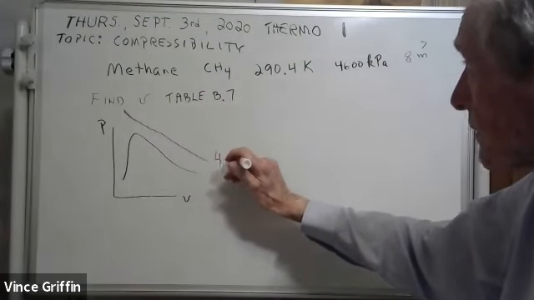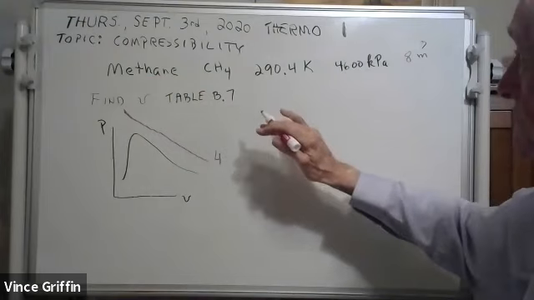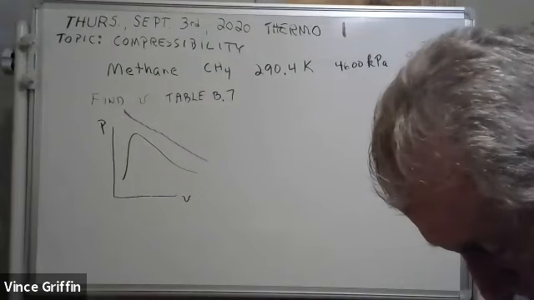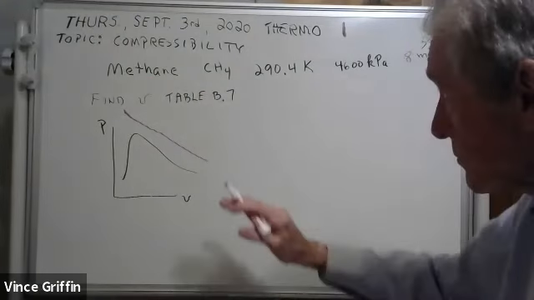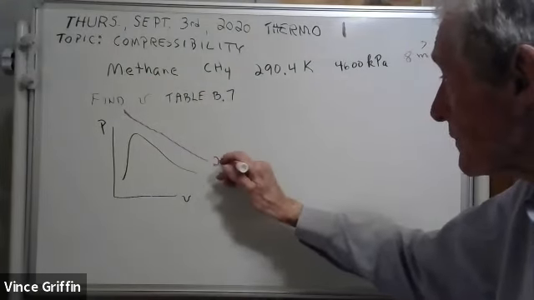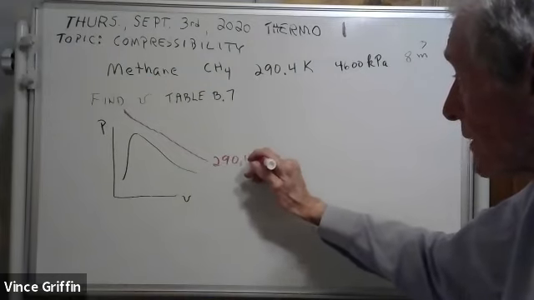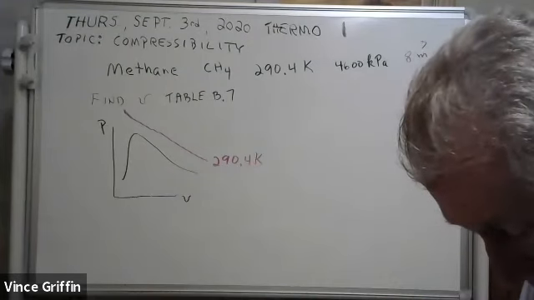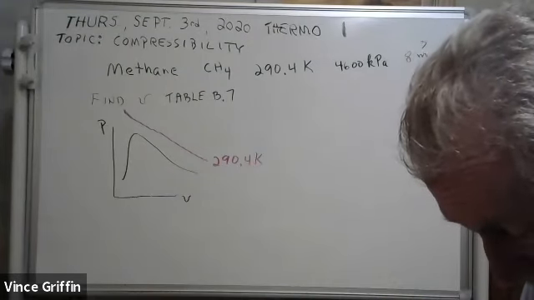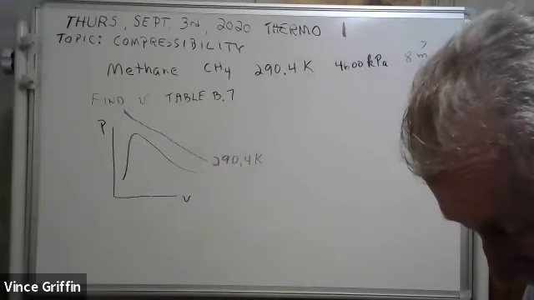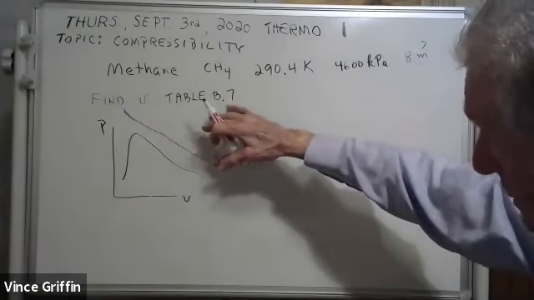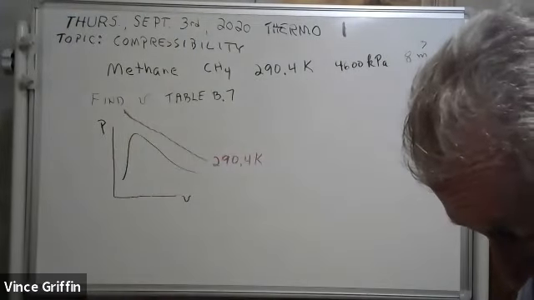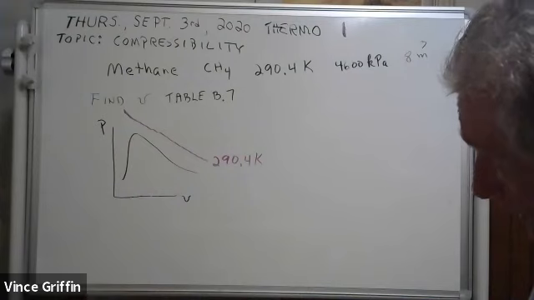No, not 490. 290. Did I say something wrong? Yeah, 290. 290.4 K is above the vapor dome because it only goes up to 190.6. Look on table B.7. See, the top of the hill there is 190 and we got 290.